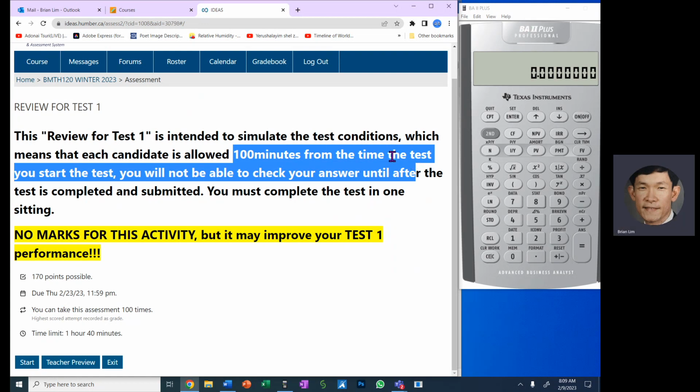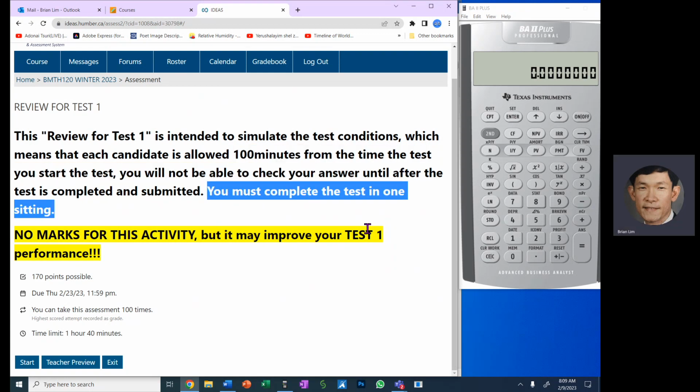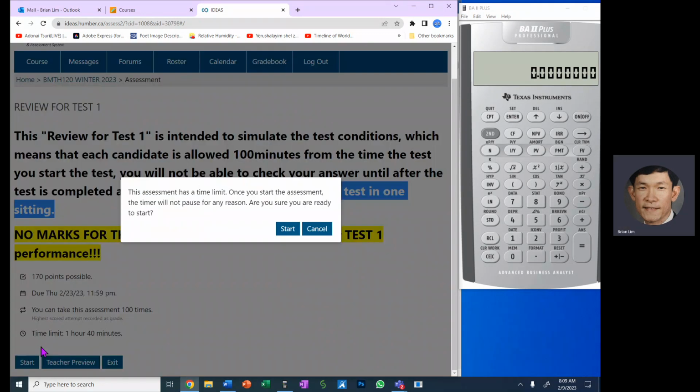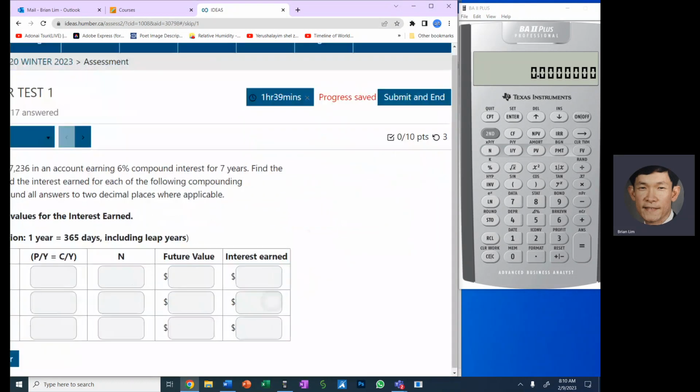You will not be able to check your answer until after the test is completed and submitted. You must complete the test in one sitting. It's meant to simulate test conditions. Okay, so let's start. We won't do all, but we'll do some of the questions today.